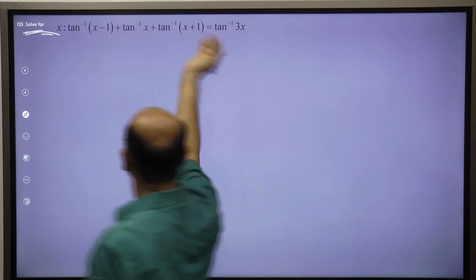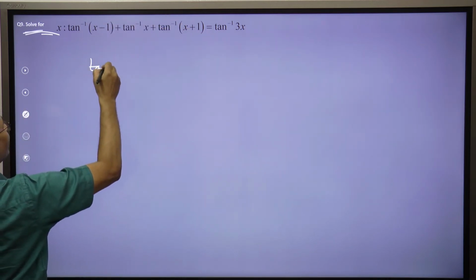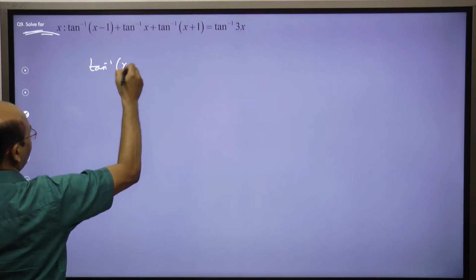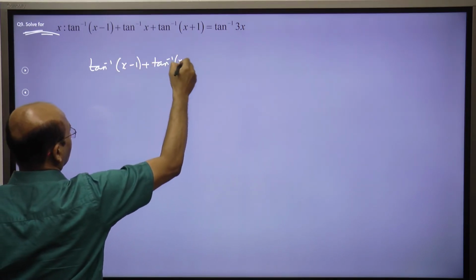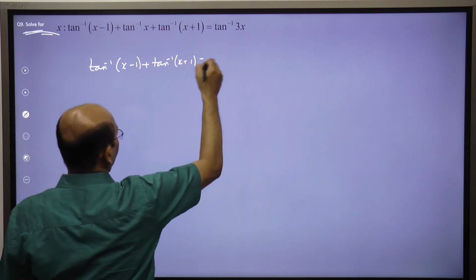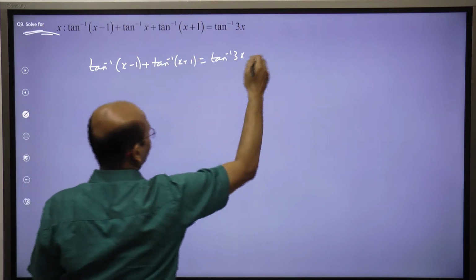So you can adjust anything. The best would be to write this to my convenience: tan inverse x minus 1 plus tan inverse x plus 1 is equal to tan inverse 3x. I take this tan inverse x to this side.